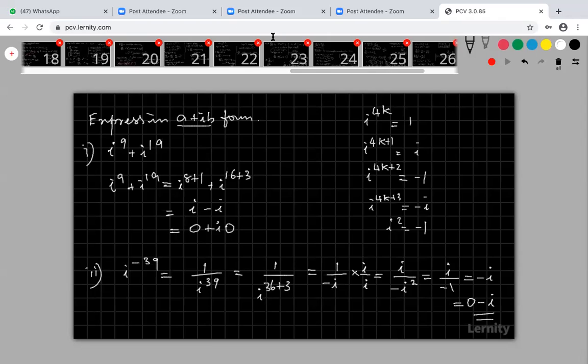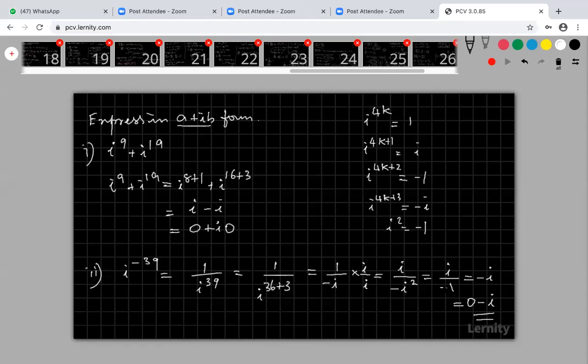Any doubt? Yes, i square is minus 1. Here my i square is minus 1.